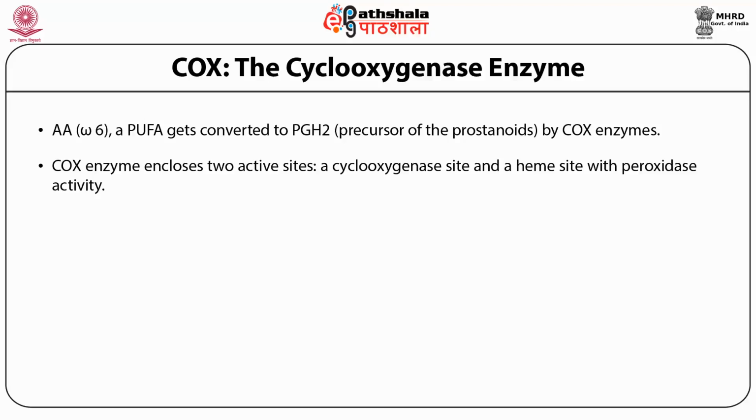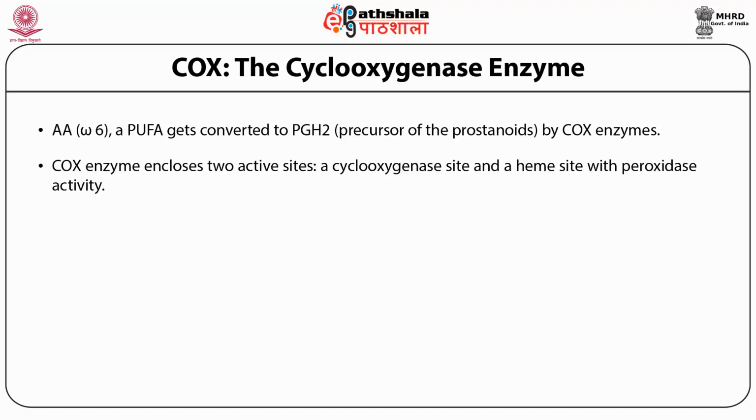A hydrogen atom is abstracted from the arachidonic acid by a tyrosine radical engendered by the heme site with peroxidase activity, followed by the reaction of two oxygen molecules with the arachidonic acid radical, yielding prostaglandin G2.